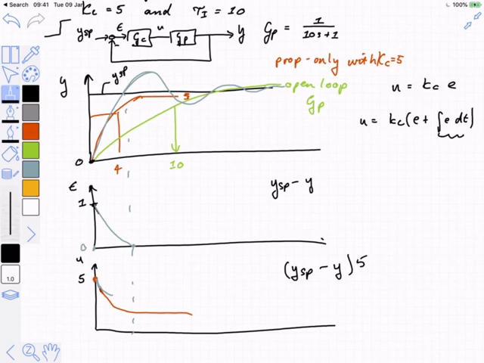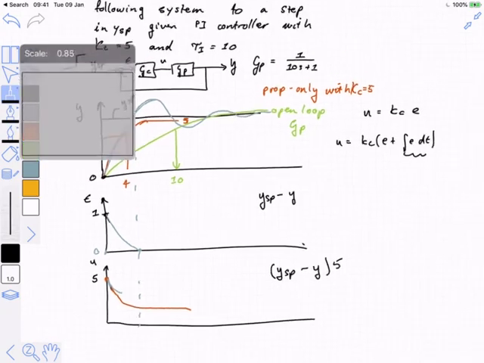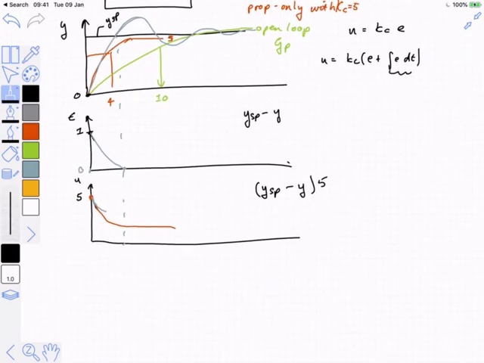Because I'm adding that, even when E is 0, the output will still not be 0. Does that make sense? So the controller output will start at some non-zero value, and then I'll be adding to that error integral with a positive error, right? And so you can actually reason through this. Let's do that together.